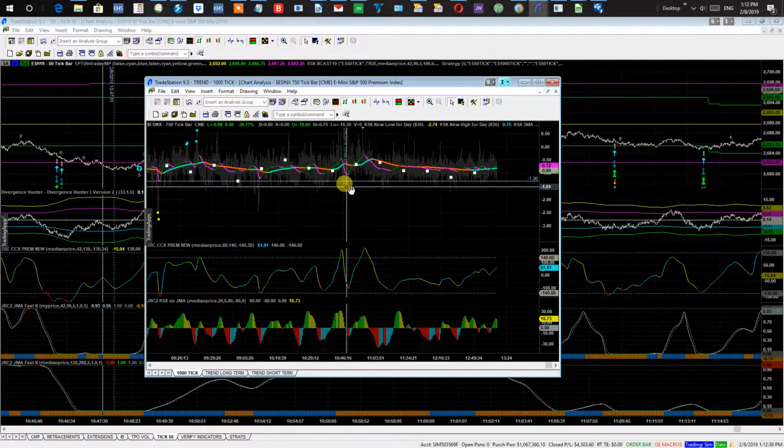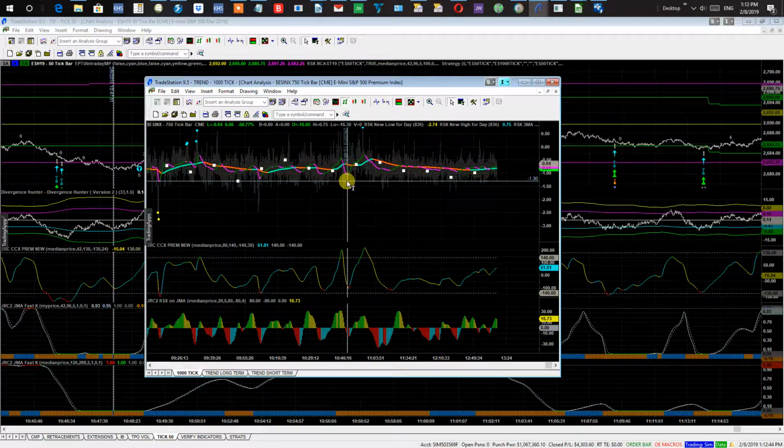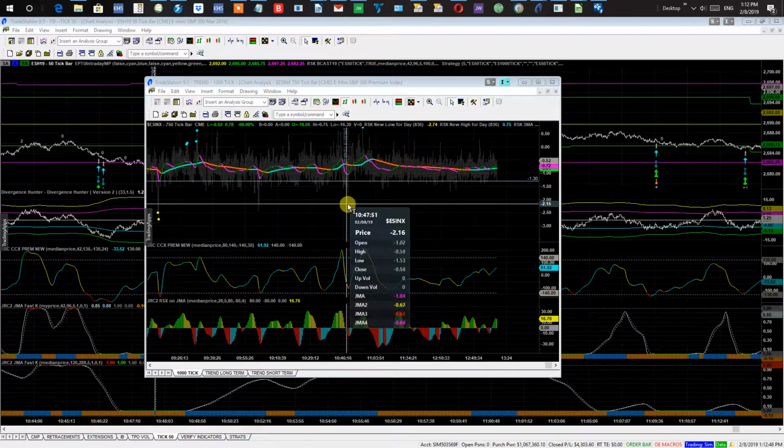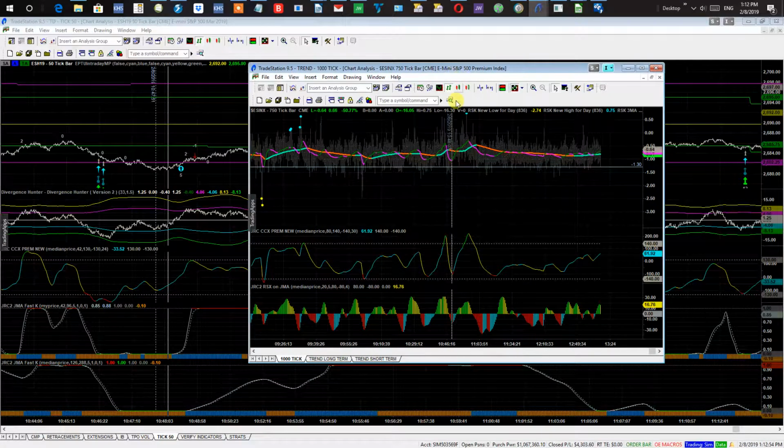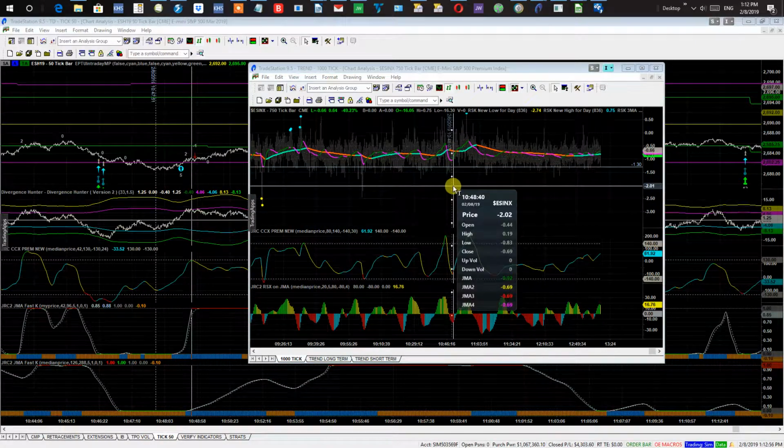You don't want to go long until this is hitting the bottom, it's below the slower moving average, and it's sloping up. And that happens, as you can see, right there. Pardon me, right in here.